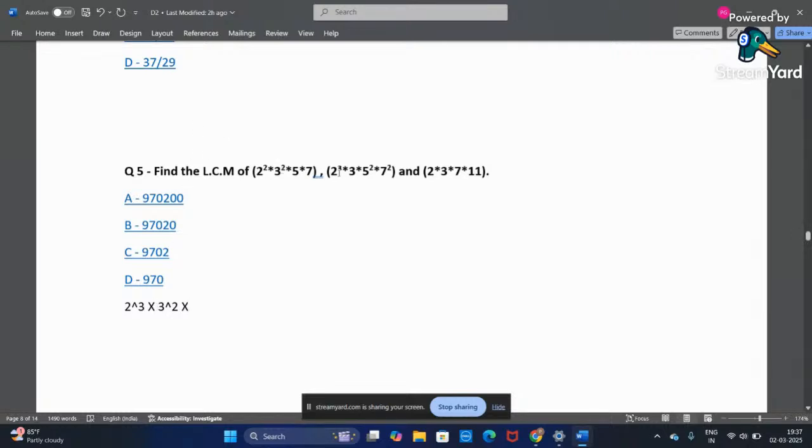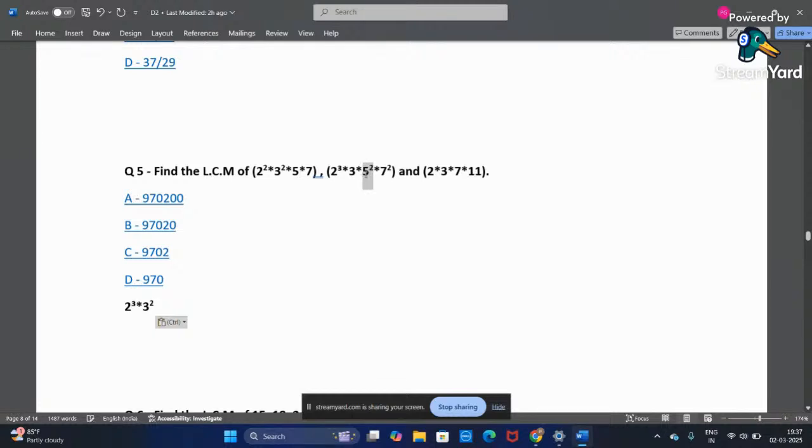1 minute. You have to take in this 3, you have to take this one. Then in 3, this is the highest one. We have to take this. In 5, which is the highest one, this is the highest one.